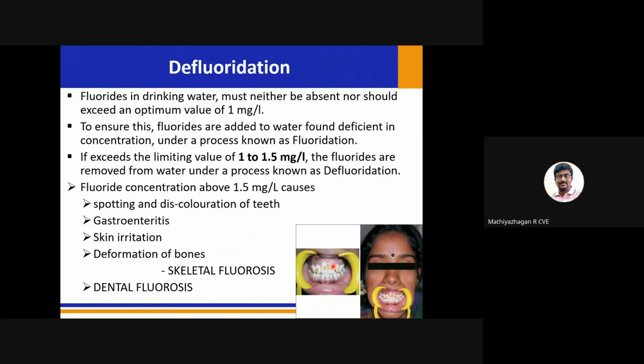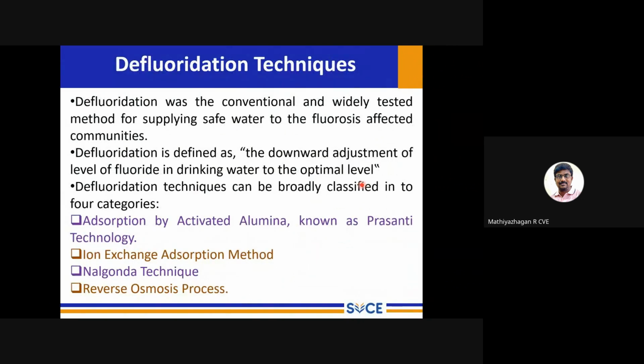So these kinds of irregular shape or staining, or even our bone changes its shape because of high concentration of fluoride. Therefore, we should remove the fluoride from the water.